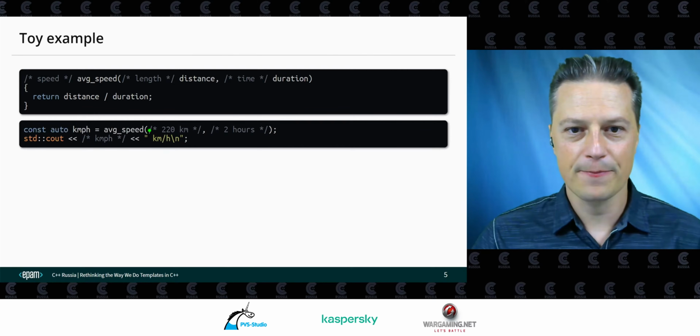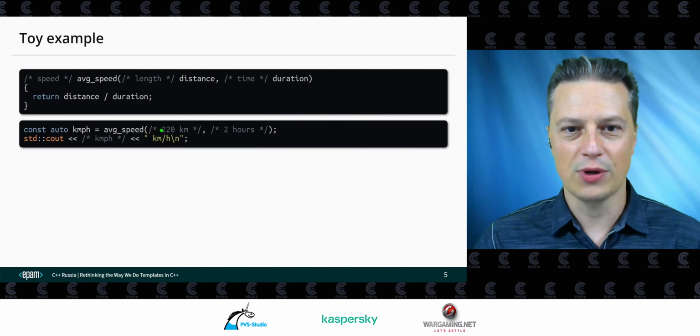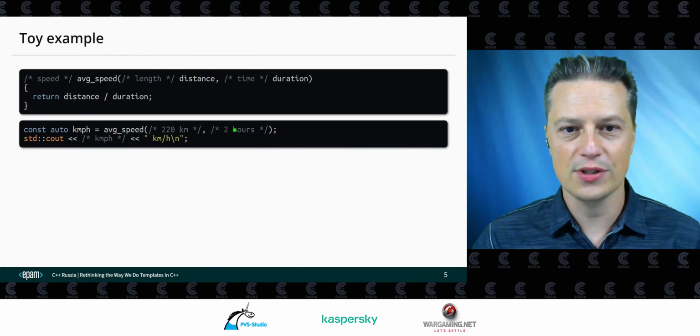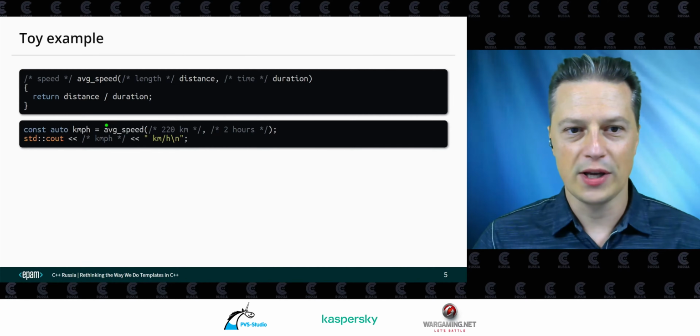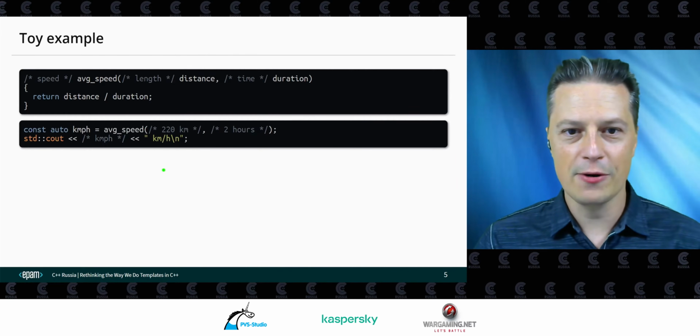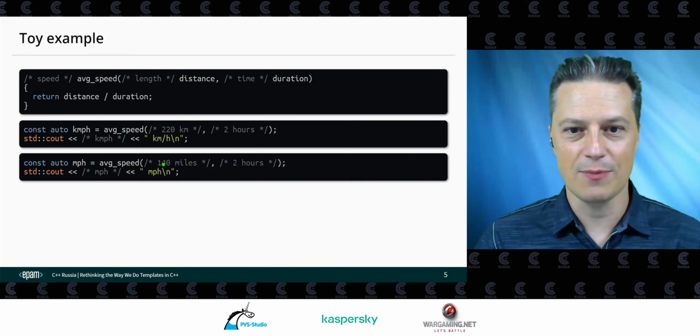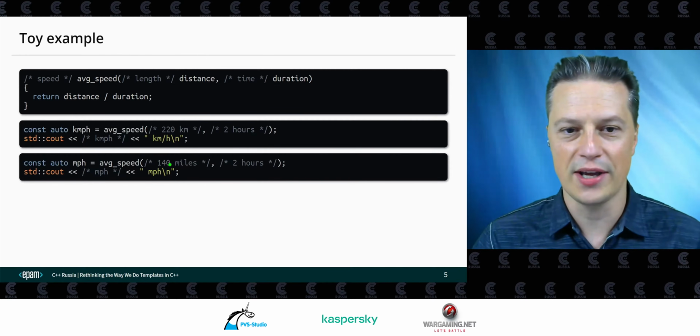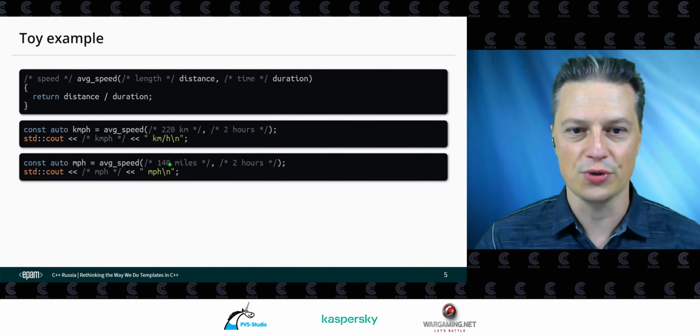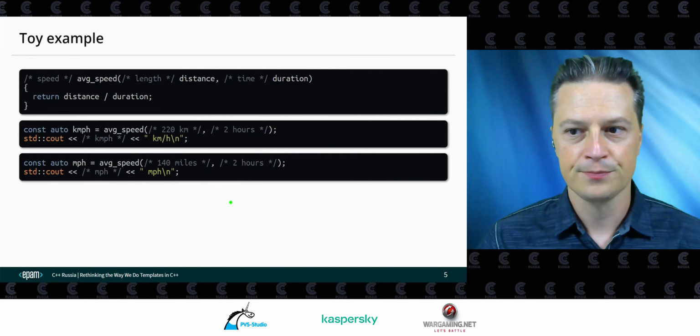So how we want to use it is basically that we are providing 220 kilometers and 2 hours here, and we get the speed in kilometers per hour. But if we pass things like miles and 2 hours, we would like to have the speed in miles per hour, because this is the unit that basically the user decided to choose for his operations.